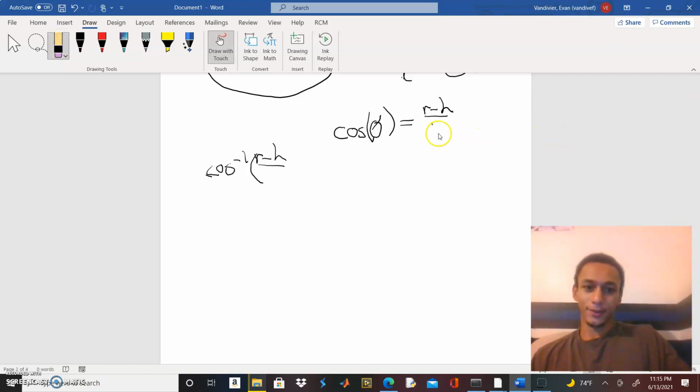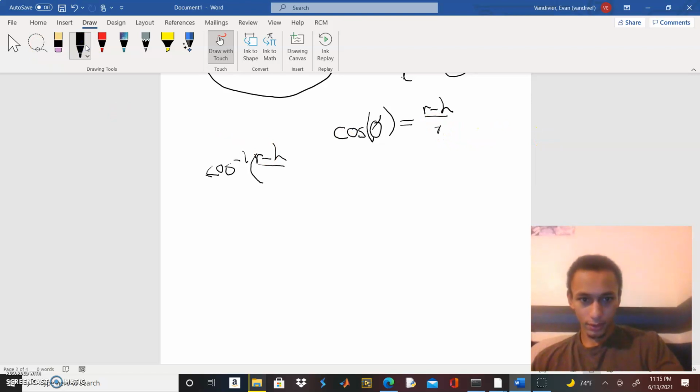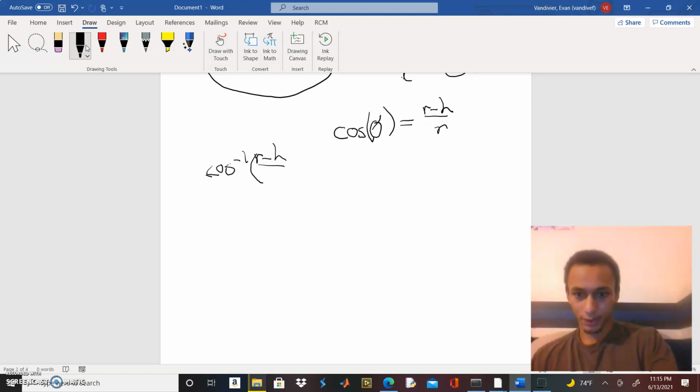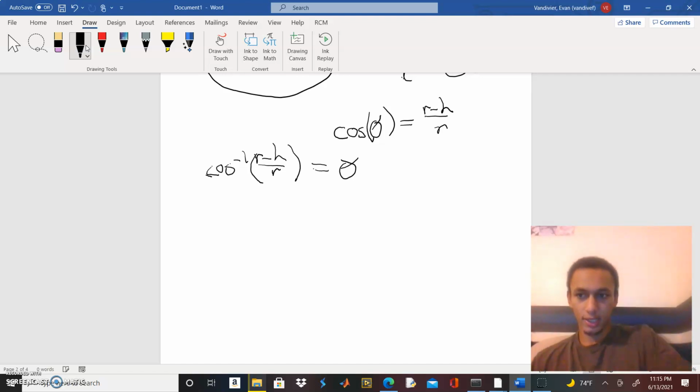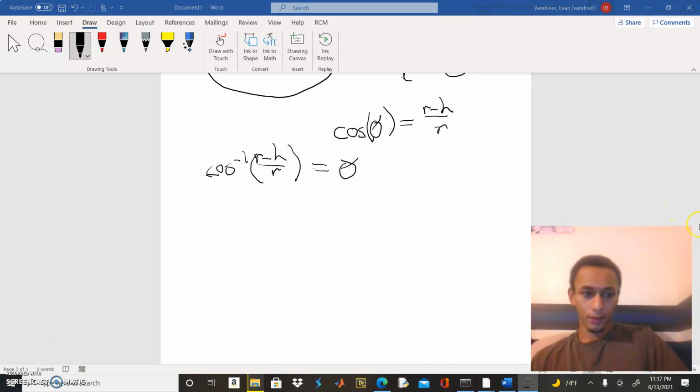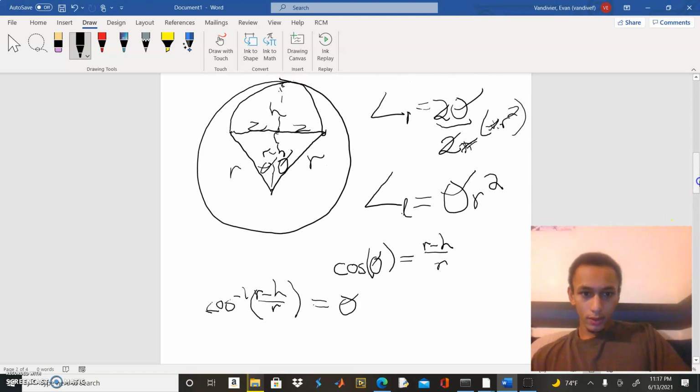It's r minus h over r. Simple math error. And then let's do some simple algebra. You get cosine inverse of r minus h over r is equal to theta. And now that we got theta, we can go back to what we found.